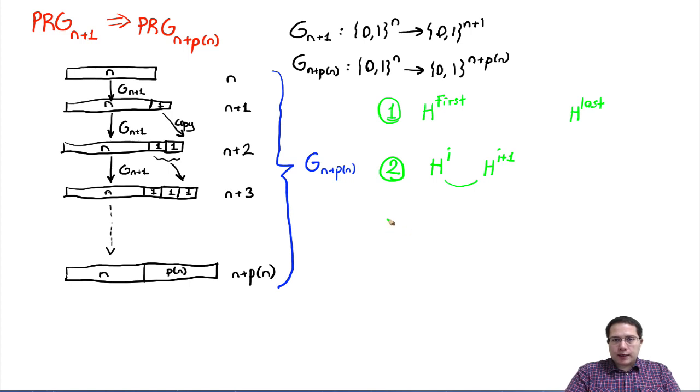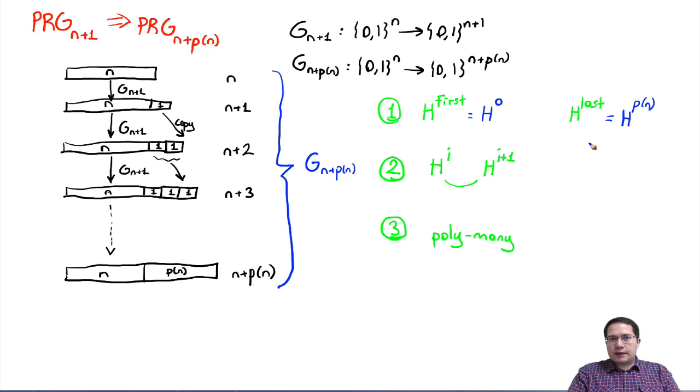The third rule says there must be polynomially many hybrids. So in some sense, this will mean that we will call our H first, let's say, H0, and our H last, let's say, H Pn for some polynomial Pn.